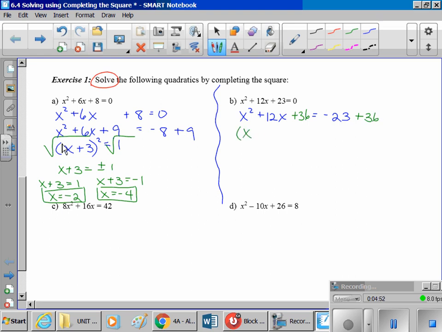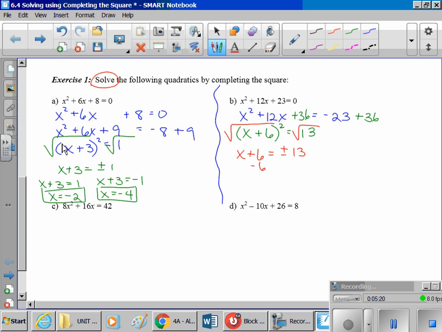So I have x plus 6 squared is equal to negative 23 plus 36, which is 13. Make sure my math is right. Yep. Now we're going to take the square root of both sides. So I get x plus 6 is equal to plus and minus rad 13.